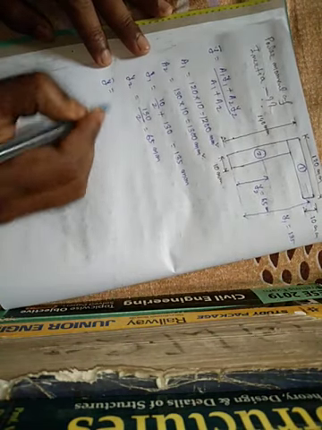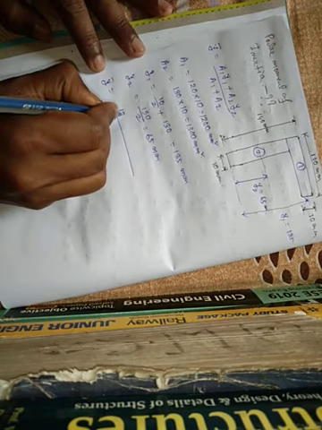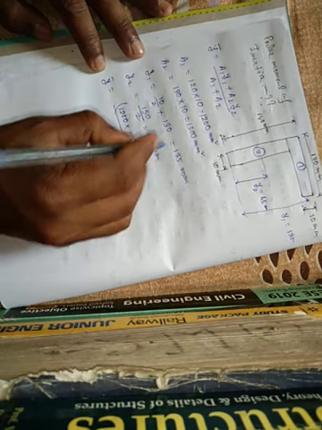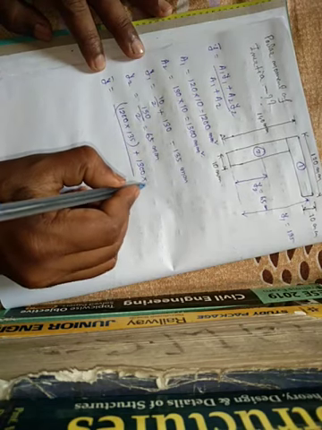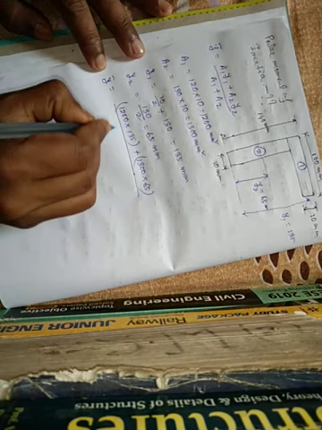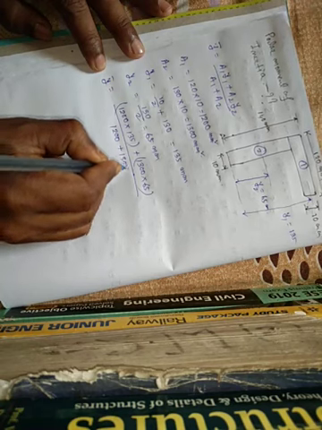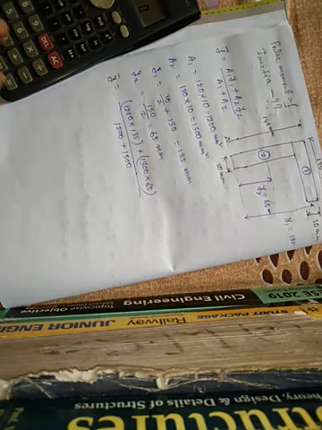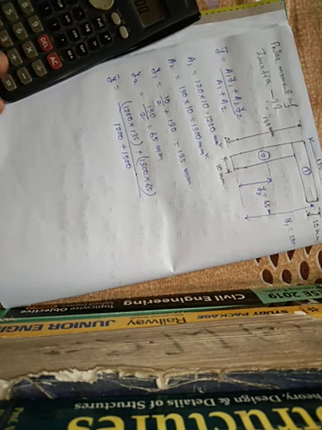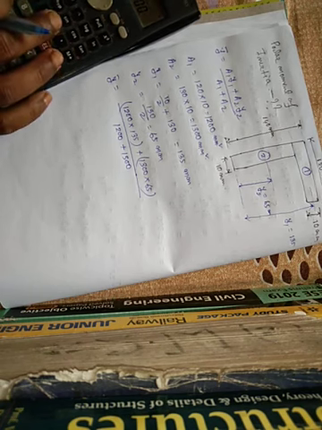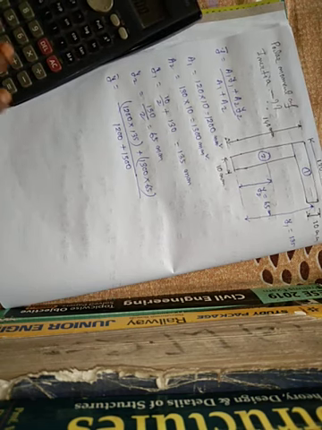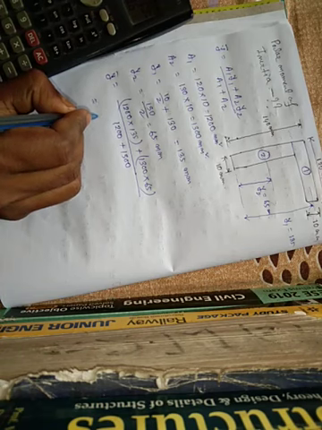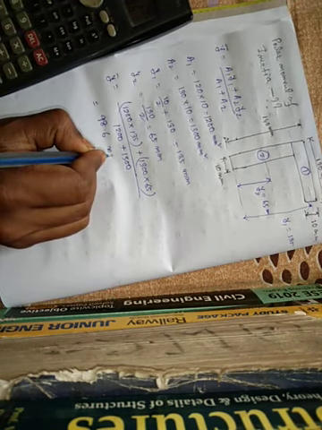Now y bar is equals to area 1200 into y1 equals 135 plus area of section 2, 1300 into y2 equals 65, divided by 1200 plus 1300. 1200 into 135 plus 1300 into 65 divided by 1200 plus 1300 is equals to 98.6 millimeter from the base.